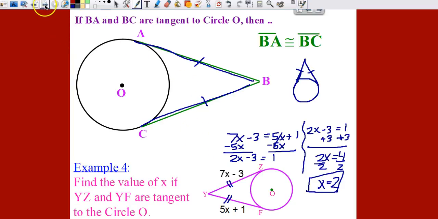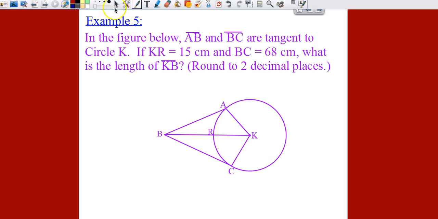Continuing that pattern, we have another figure with two tangents, BA and BC. Those are going to be congruent. This is drawn a little bit not to scale, but you have to put a right angle in here anyway, because these are both radii, KC and KA, so they form right triangles.